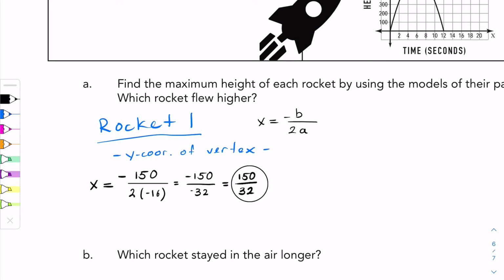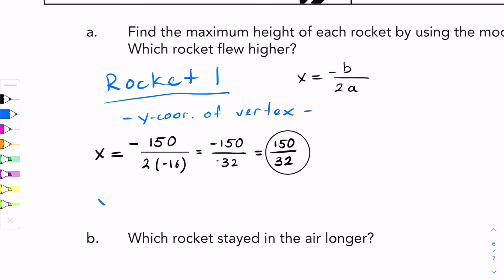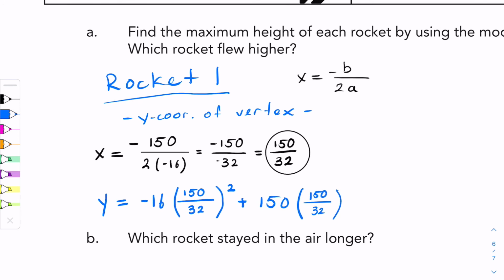Then I need to take that value of 150 divided by 32, and substitute it back into the equation to find the y-coordinate of the vertex. I'm going to leave this as a fraction. I am going to just use a calculator, so that's fine if I leave it as a fraction. Just make sure you put parentheses everywhere that I am when you type this into your calculator. So where you see parentheses here, here, here, here, you're going to need parentheses in your calculator or else it's going to give you the wrong answer.